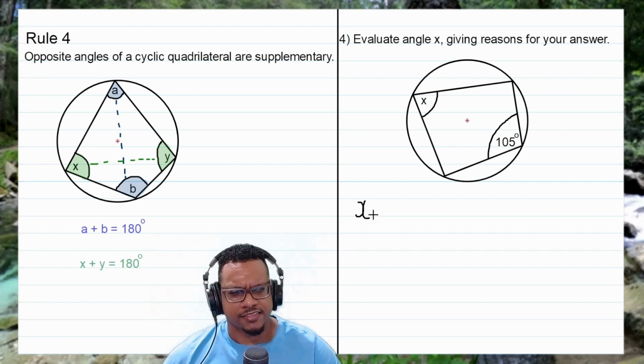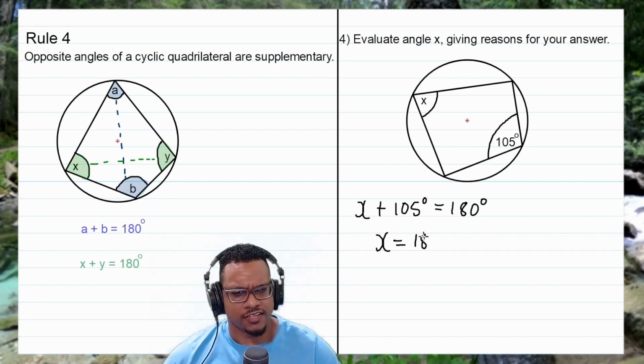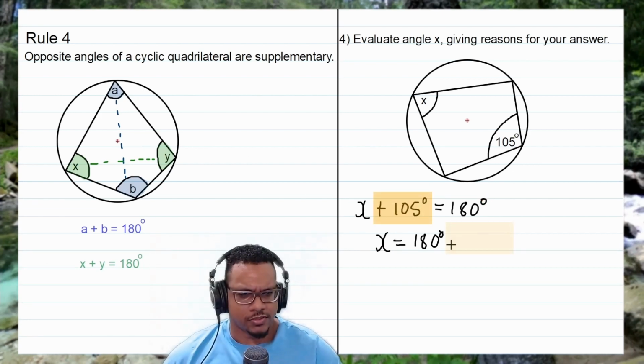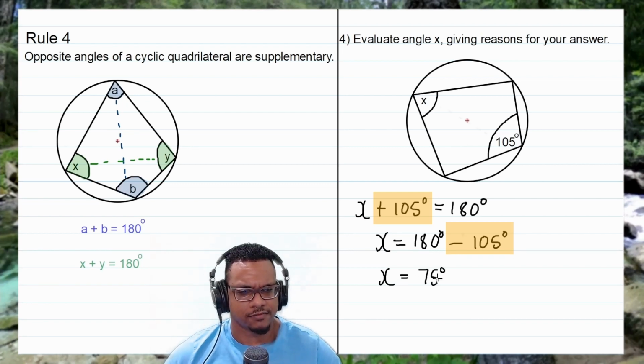So I'll have X plus 105 degrees is equal to 180 degrees. So X is equal to 180 degrees, and we transfer this positive 105 degrees across to the right hand side, and it will turn to negative 105 degrees. So we'll have X is equal to 75 degrees.